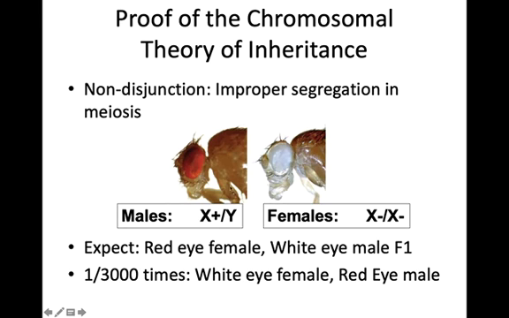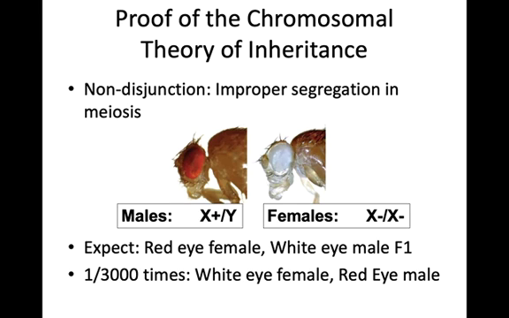The females will all be expected to have red eyes because the males are going to transmit the wild type allele to his daughters, and he'll transmit the Y to sons. The females are going to transmit the X to both their sons and daughters, but the sons only have a Y chromosome, so this predicts that the red-eyed females should arise and that the F1 males should all have white eyes.